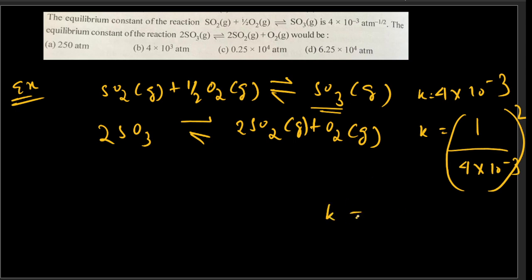So K equals 1 by 4 square into 10 raised to minus 6, that is 10 to the power 6 by 16.